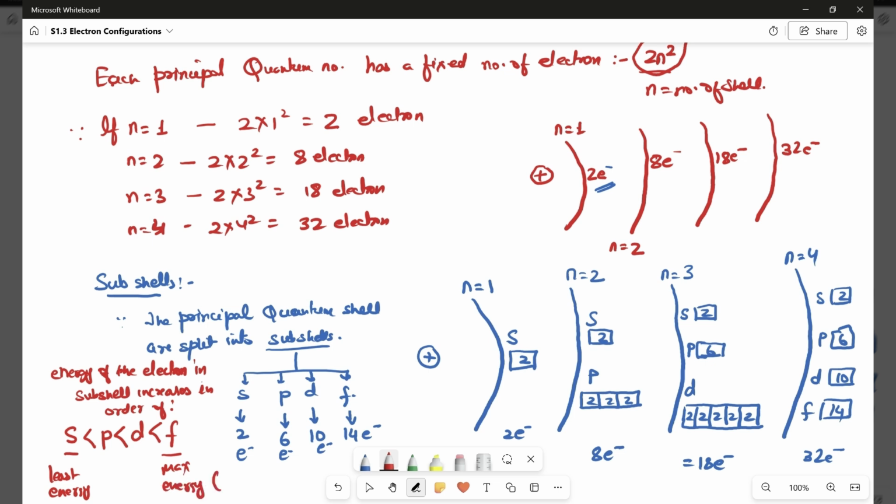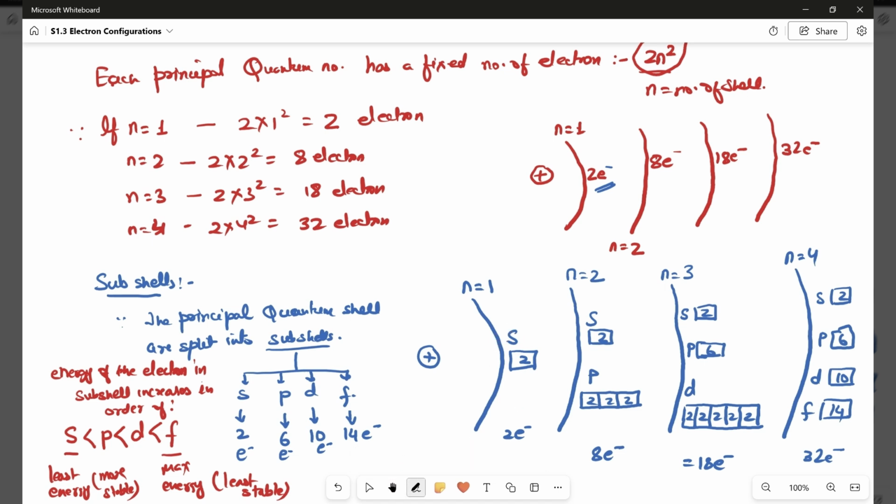So this is least stable, and this is more stable. Why is it more stable? Because it is near to the nucleus, right?